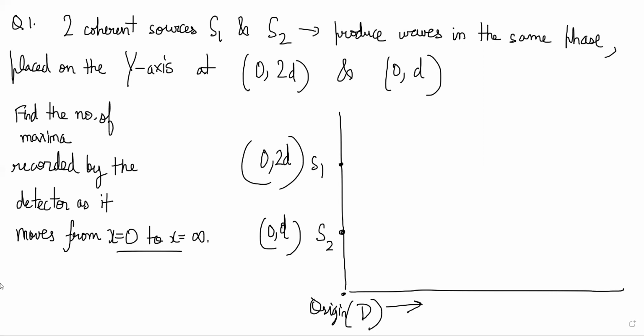The wavelength of light is lambda equal to 6200 angstrom, and the separation between the sources, or D value, is 0.34 millimeter.